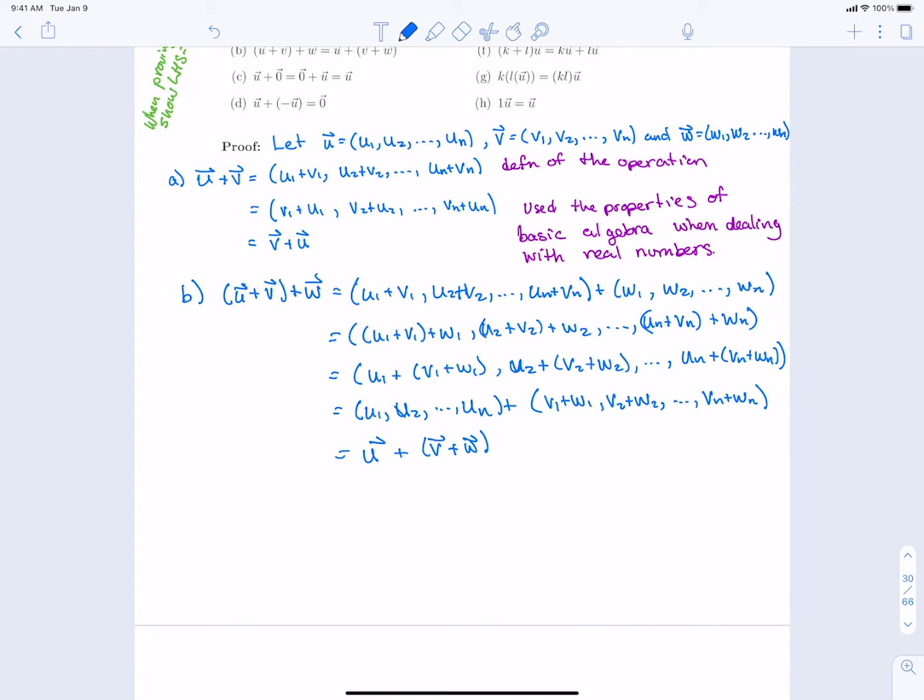Now both of these proofs that I've shown above involve just the vectors. I'm going to jump down and show e, because e actually includes a scalar.